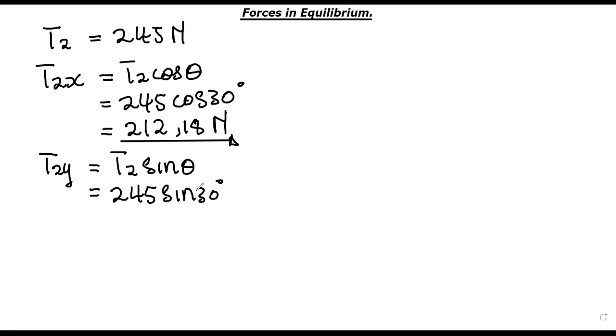If we press this into our calculator, we find that it's going to be 122.5 newtons. So we are done with the first question. We have resolved the force T2. So let's look at the next one.